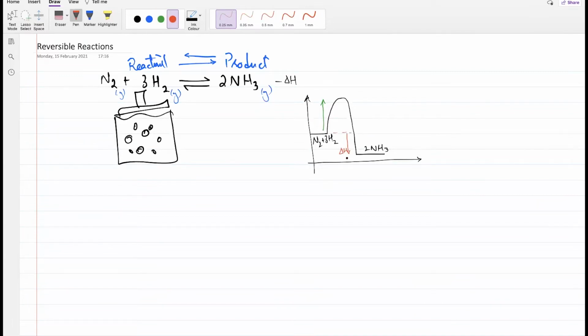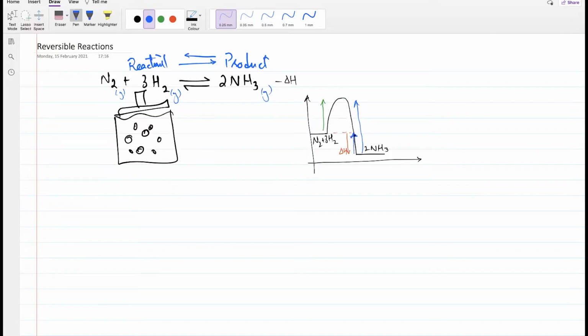This is delta H. Now here's the thing, because it's a reversible reaction, the opposite direction can also be used. So this blue arrow tells me the activation energy in the opposite direction, if ammonia was to go and make nitrogen and hydrogen. And then the delta H is going to be this much.